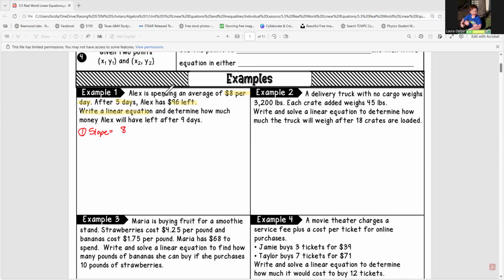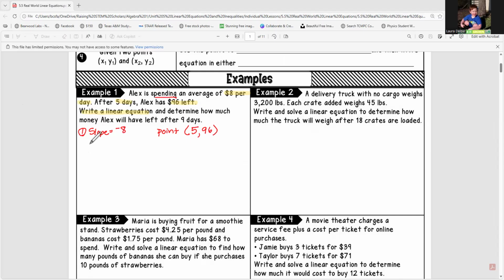And he is spending, okay, so that's going to be implying that he has a negative slope, right? Because he is spending that, he's giving that money away. And so we have a point here where our x value is 5 and our y value is 96.